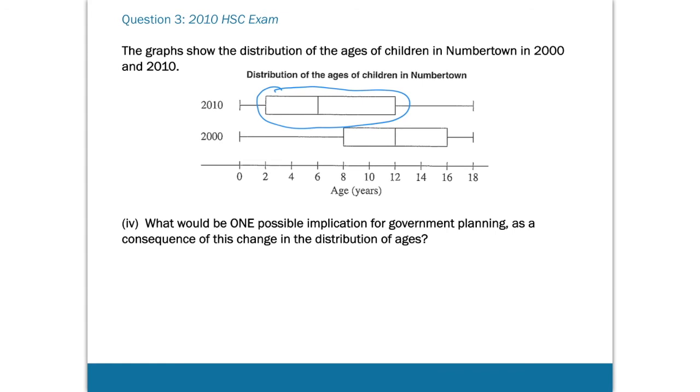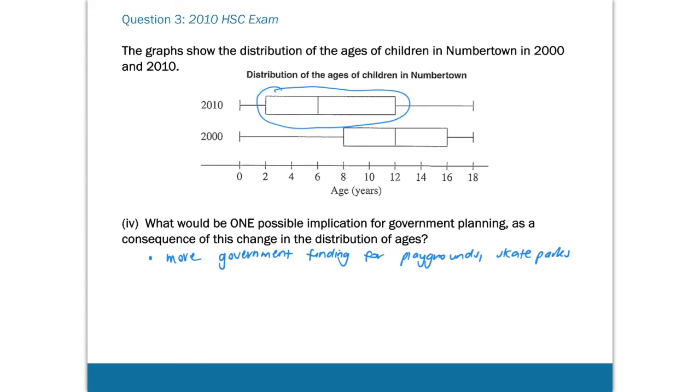So one possible implication for government planning would be that we would need more government funding for playgrounds, skate parks. And by the way, in this question, you can pretty much make up anything that sounds reasonable.